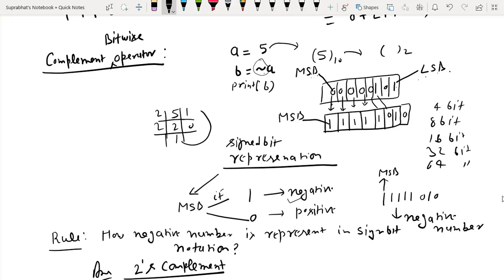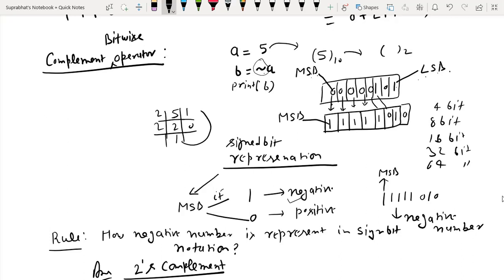If MSB is 0, it means it is positive. So how do we identify that this is a negative number? Because we checked the last bit, that is MSB, and its value is 1. It means it is a negative number.